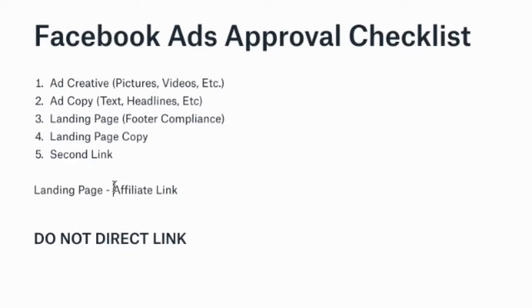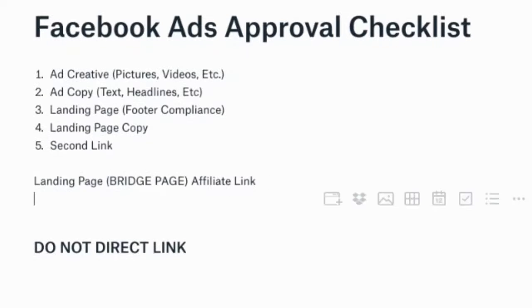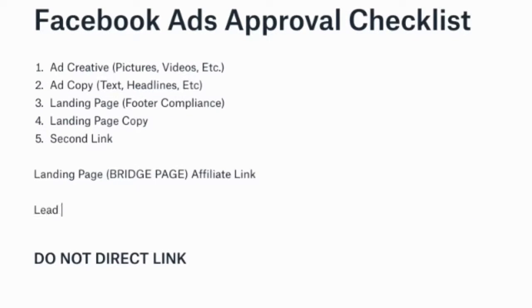So the last-case scenario, if you're doing a two-step funnel, landing page to your affiliate link, is putting in a bridge page. A bridge page is, for example, if I was to do a lead magnet landing page, and what I mean by that is, for example, a free book.